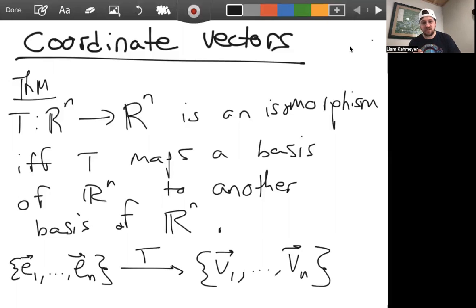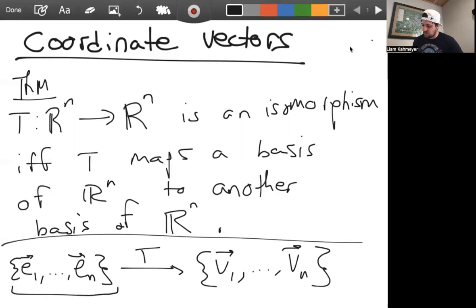You don't always have to start with the standard basis, but just for an example, you could map an arbitrary basis and see what the image is, and that would also be a basis if you have an isomorphism. But to build some intuition, let's say we map the standard basis into some arbitrary basis V1 through Vn. So what would that look like?